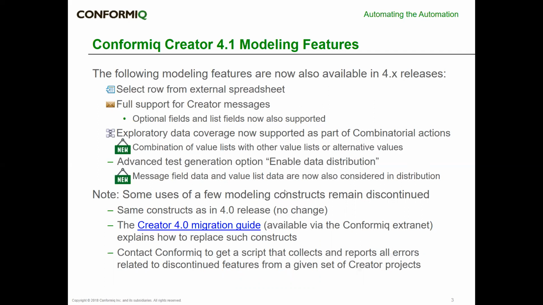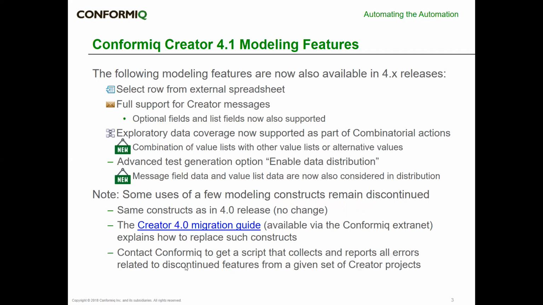Please note that some of the features which have been discontinued in some use cases remain discontinued. There's no change compared to 4.0, so no need to update your models. For people migrating from earlier versions, we have a migration guide available for helping you to manage this transition with lots of tips and tricks and explanations of how to do this migration effectively.